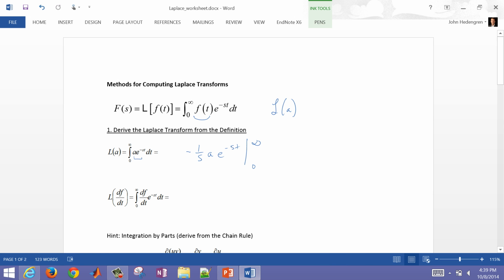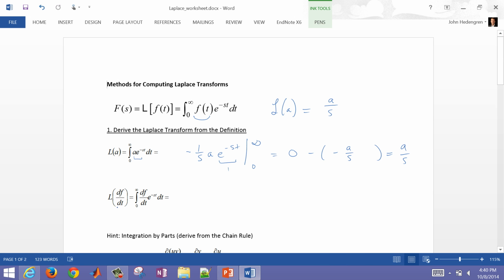If I plug in infinity for my t variable, this term goes to 0. If I plug in 0 into this expression, this term goes to 1. So that's negative a over s times negative, which gives a over s. So the Laplace of a is a over s, and that's also the step function.